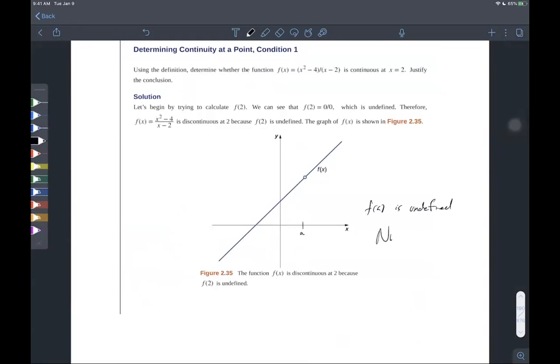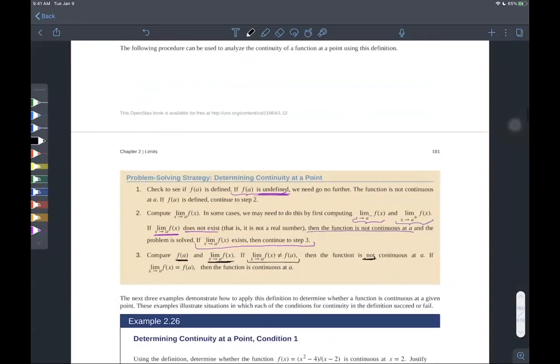So this is not continuous at x equals A. Or we can say discontinuous at x equals A.